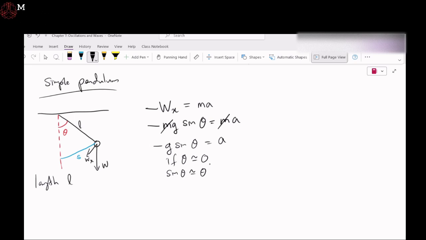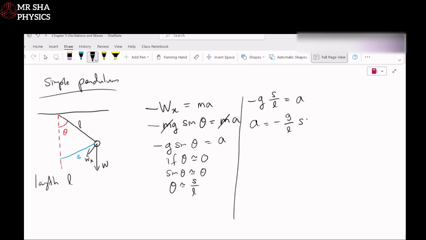Kind of counterintuitive, but that also means that my theta is approximately S over L. So now what I can do is substitute it. I can have negative g S over L equals a. If I rearrange that, I will have a equal to negative g over L times S.